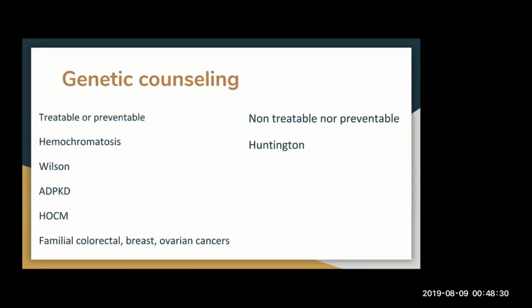The other category is non-treatable and non-preventable disease, like Huntington chorea, for example, and many other genetic diseases for which there is no treatment and no prevention either. So you start to talk to your patient based on this.